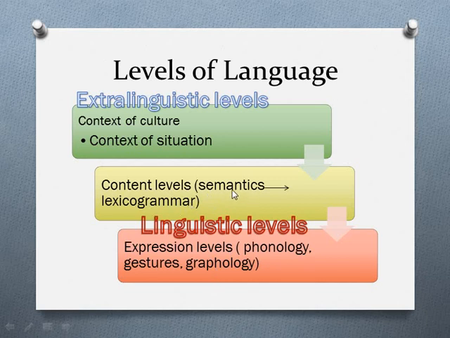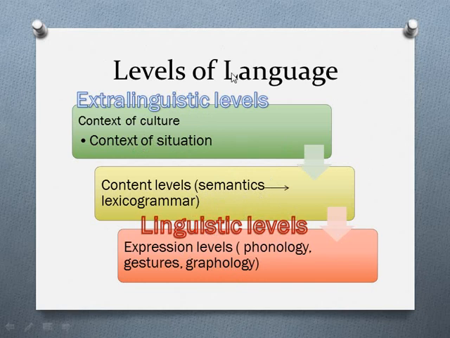And it has semantic meaning. So those are linguistic levels. And then the linguistic levels, we call them texts. So these linguistic levels are texts. And then this text is influenced by the context, the extra-linguistic levels, which are context of culture and context of situation.